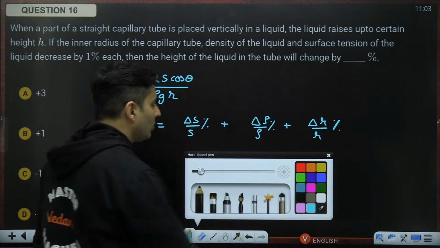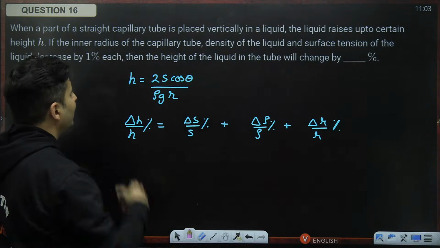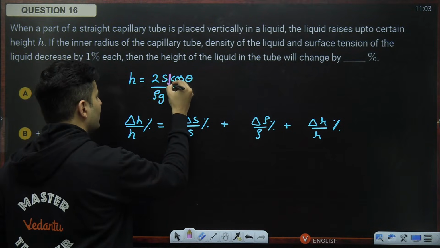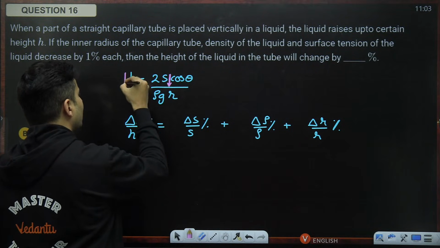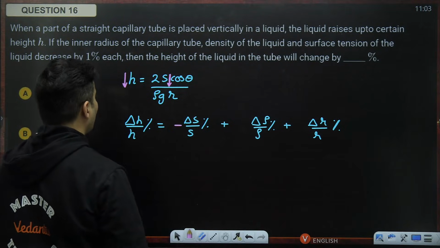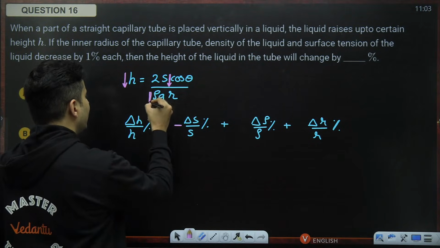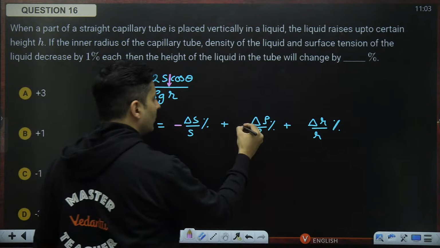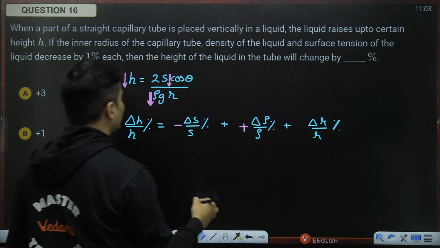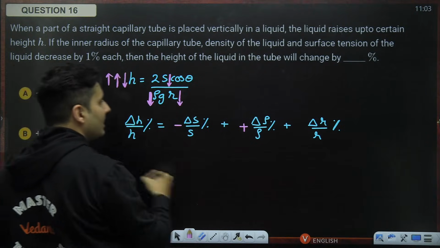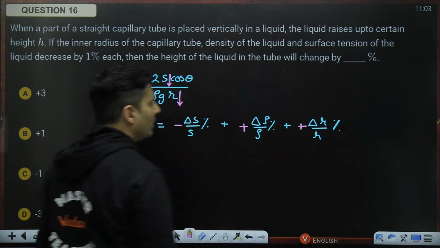But the catch is over here, all these quantities are decreasing. If surface tension reduces, the height will reduce, so surface tension has a negative contribution. If density reduces, the denominator will reduce, the height will increase, so this has a positive contribution. If radius reduces, the denominator reduces, again the height will increase, a positive contribution.